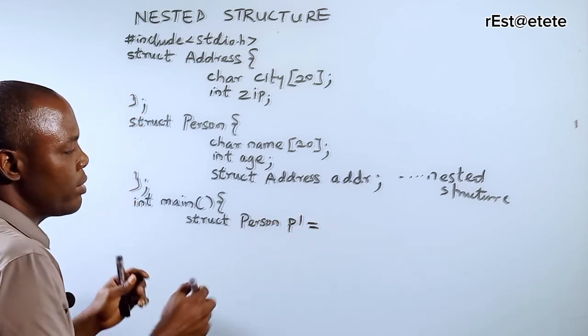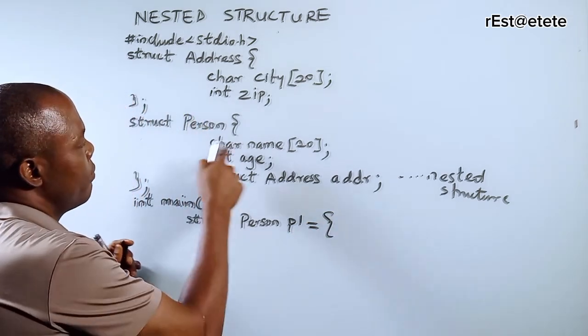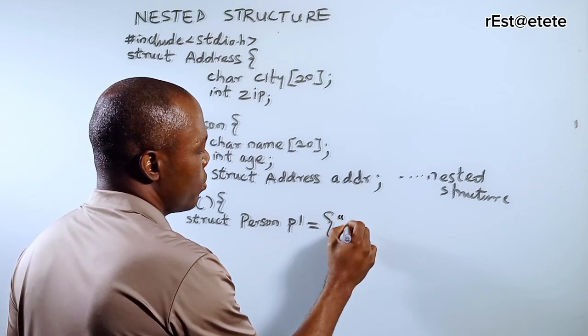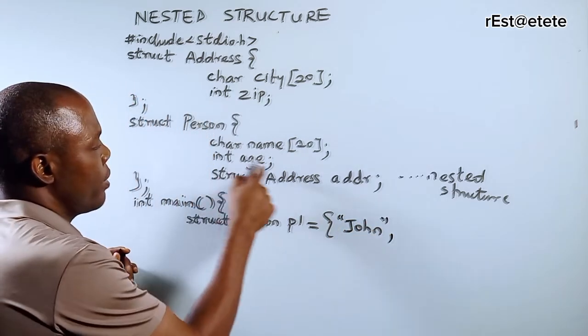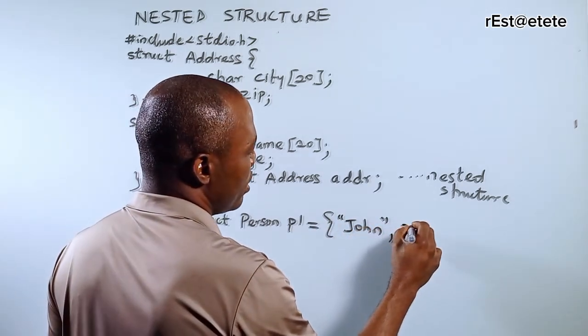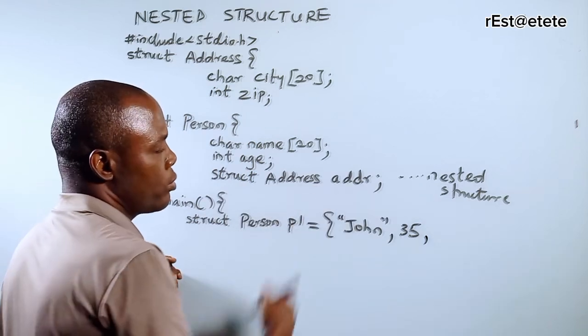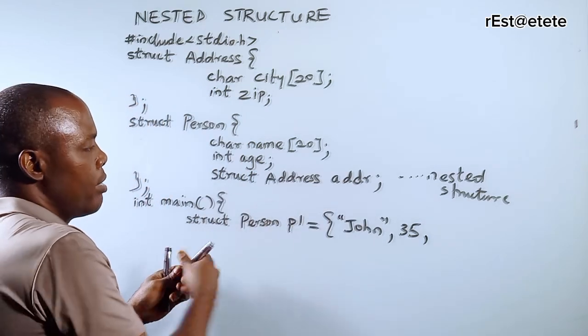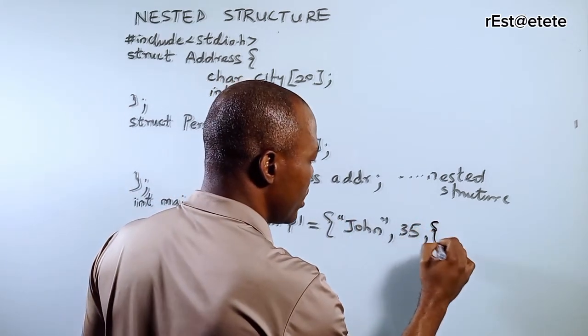Now let's assign values to it. So to assign values to it, for name, we'll call it John, comma. For age, we'll call it 35, comma. Then you are going to have this address. For the address, we are having city and zip. So you have to do this again.